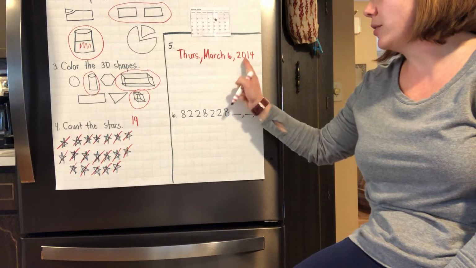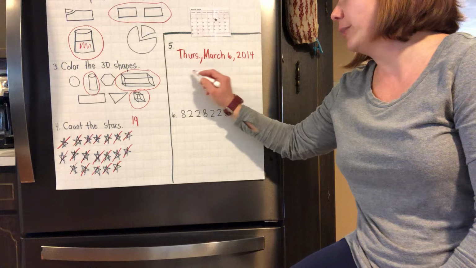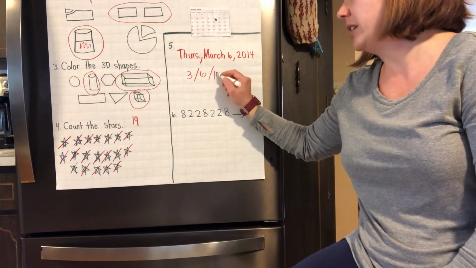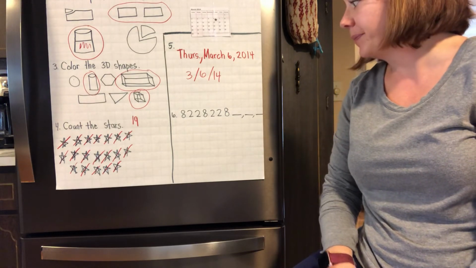Thursday, March 6th, 2014. You could also write it the fast way. You write a 3 for March, a 6 for the day, and a 14 for the year. It's so fast to write it the fast way.